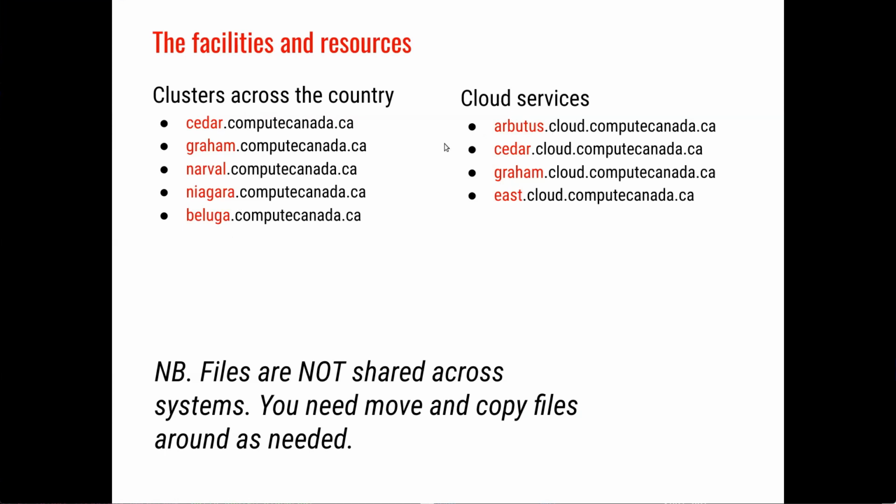In the cloud services, we have Arbutus, Cedar, Graham, and the east. Just notice that for the clouds, you have the name.cloud.ca. Please note that files are not shared across systems, which means if you have used one system, for example Graham, and then move to another system like Niagara, you would have to copy the files from Graham to Niagara and vice versa.